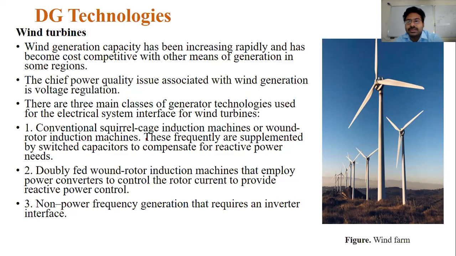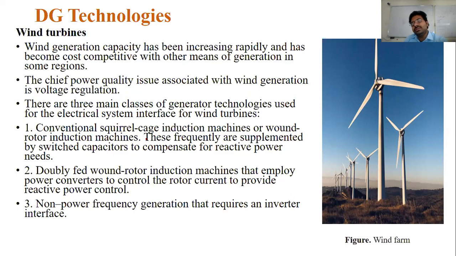You know that wind is very much available at night time, so wind plants will generate more power at night compared to the morning. In the morning wind energy is also generated, but very little. At night it generates much more.